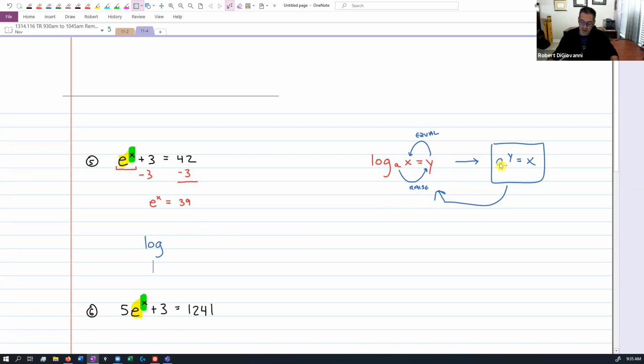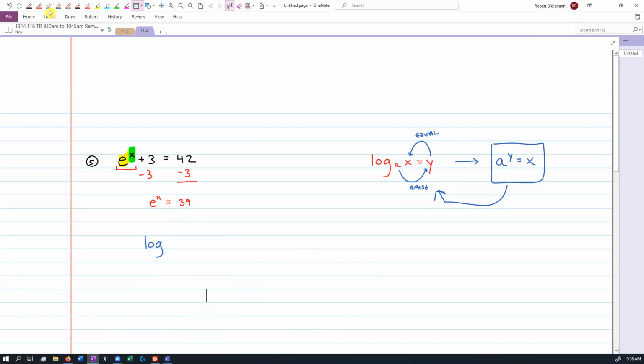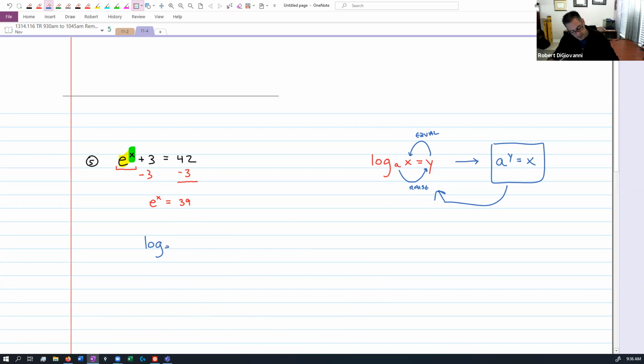The base here is the thing on the bottom that's being raised to a power. For us, what's the base on this equation? What's the thing that's being raised to the power? Is it e? It's e. Okay, so we're going to put log base e.